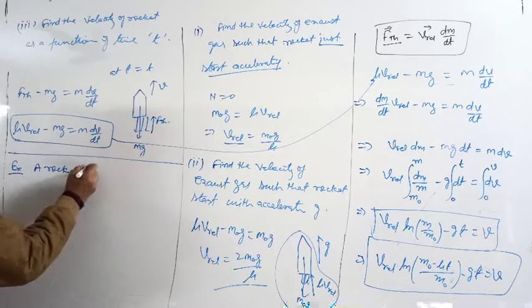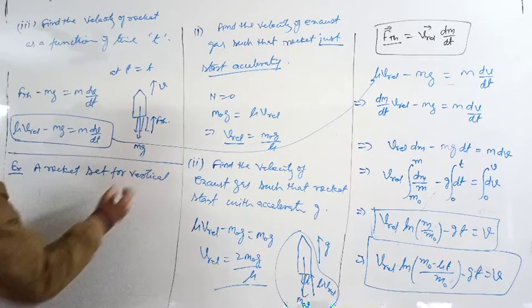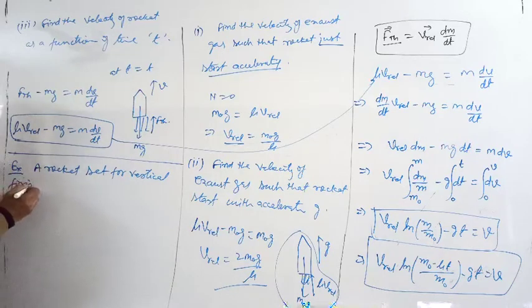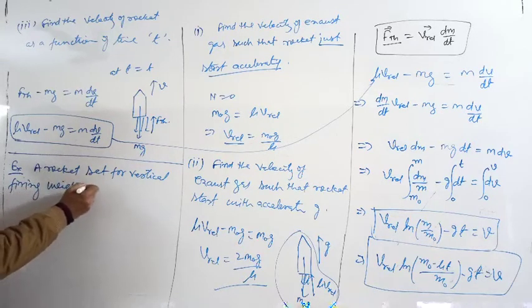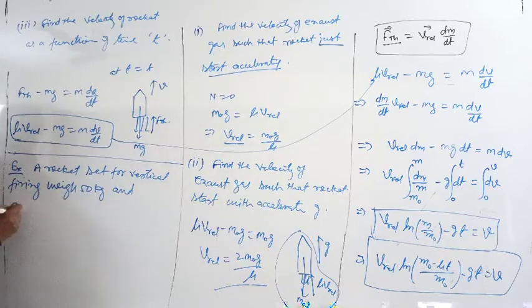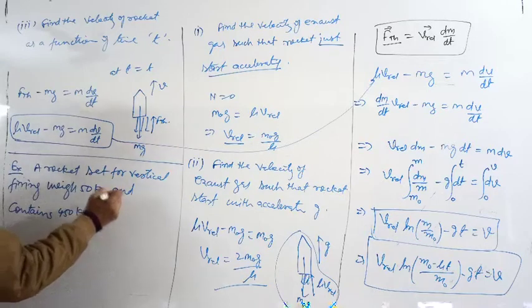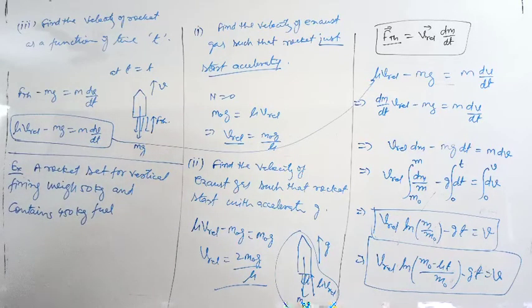A rocket set for vertical firing weighs 50 kg and contains 450 kg fuel.